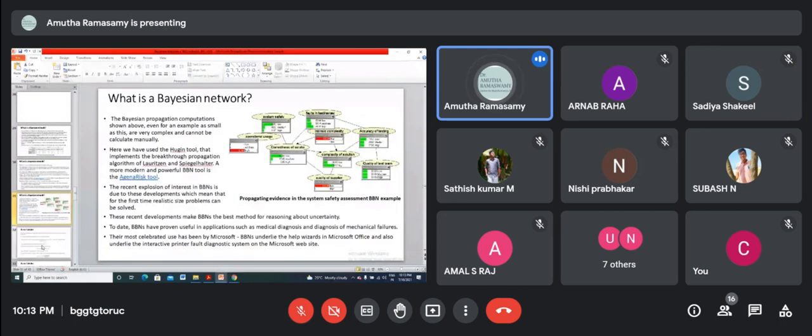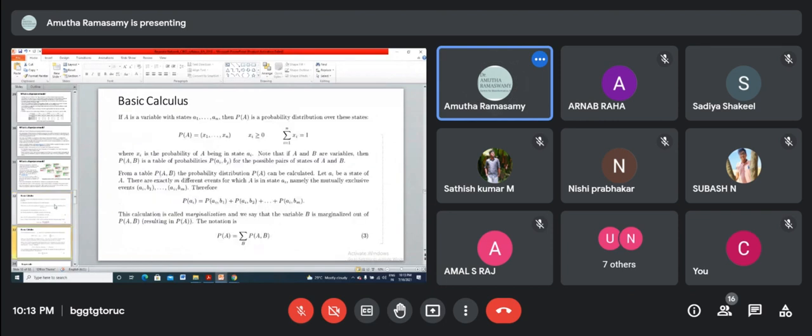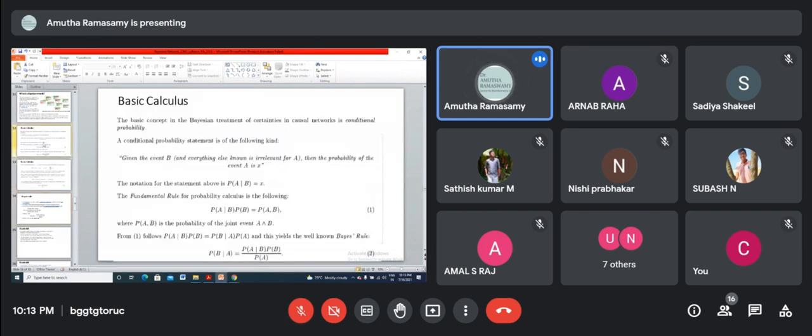See, these are the introduction class. I think this is the one I was missing. I will explain this now. Yeah, these 3 slides are very important. This is the basic calculus.